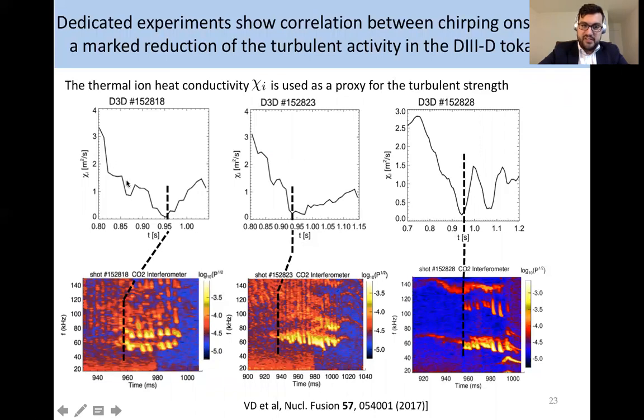And we were struck to see that the transition between a nearly constant frequency to a chirping response happens when the turbulent level has a marked reduction. So in all three cases, we see that the transition to this bursty, intense scenario happens near a minimum of the inferred turbulent activity.